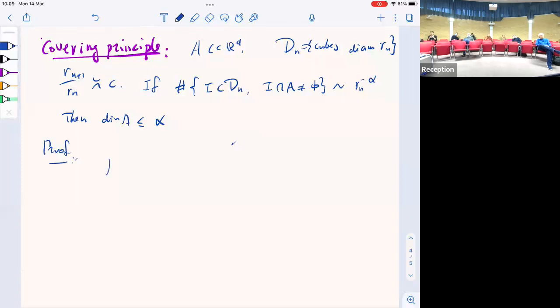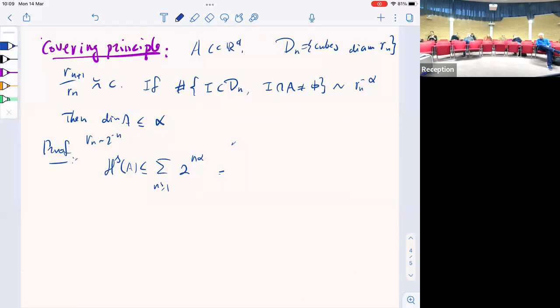If you compute the s-dimensional Hausdorff measure of the set A, naturally it is bounded by the sum over all the scales, where let's say r_n is essentially 2 to the n. Doesn't matter. This condition says that if we do the counting, we have 2^{n alpha} intervals.